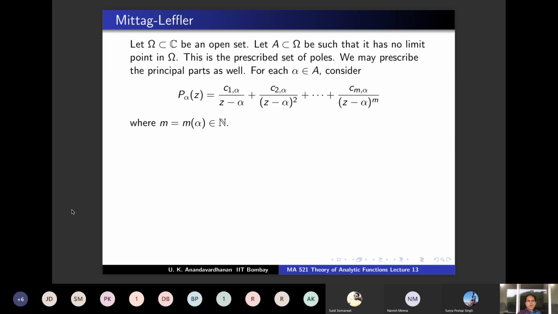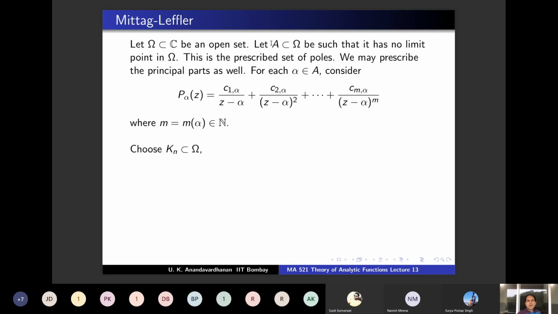Okay, so now what we are going to achieve is to construct a meromorphic function whose poles are precisely the points of the set A. Not only that, if alpha is in A, f is going to have a pole at alpha of order m_alpha. Not only that, when you expand f around alpha, you write its Laurent series expansion around alpha, this P_alpha is precisely the negative part of the Laurent series expansion.